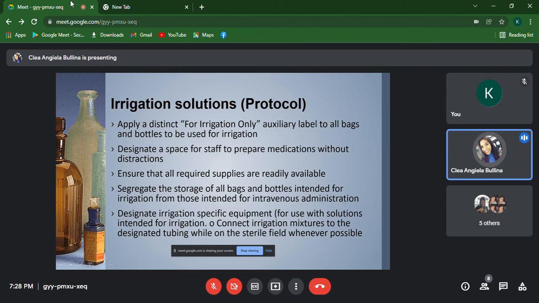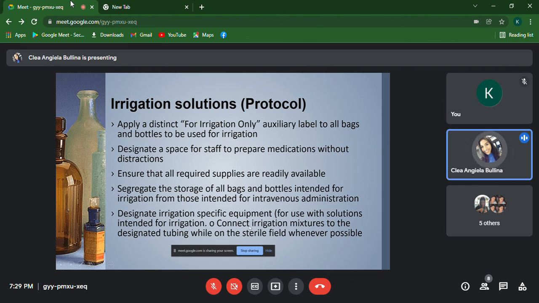Huwag na ibigay sa iba. You designate naman other equipment for those ibang process. Yung para kay irrigation lang yun. Bawal manghulam. So, be loyal. This is for use lang siya with solutions intended for irrigation.